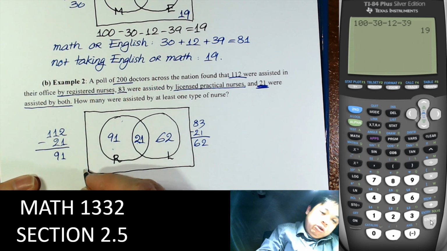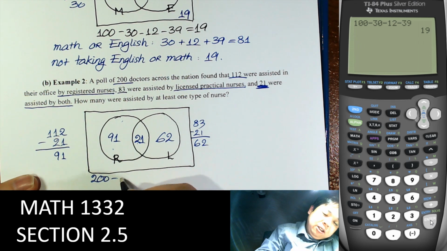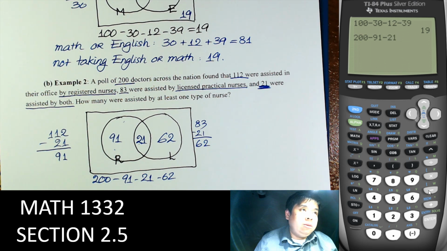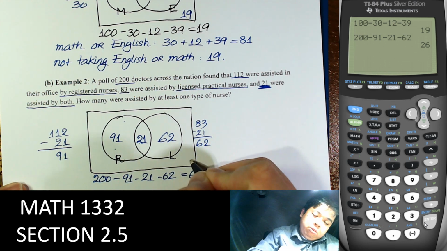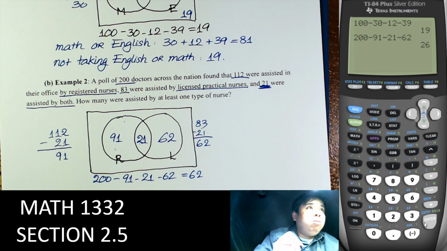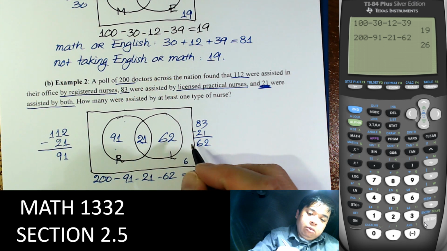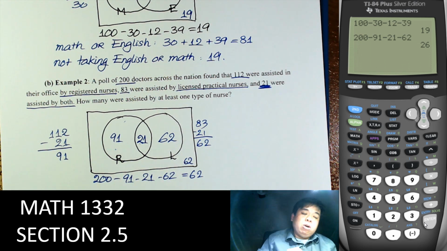And then we have 200, subtract everything, equal to 26. So 26 people are not assisted by any of those two types of nurses.